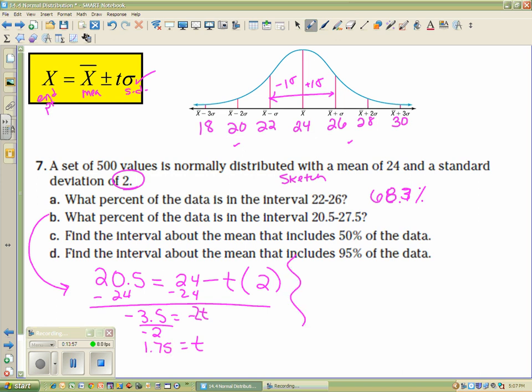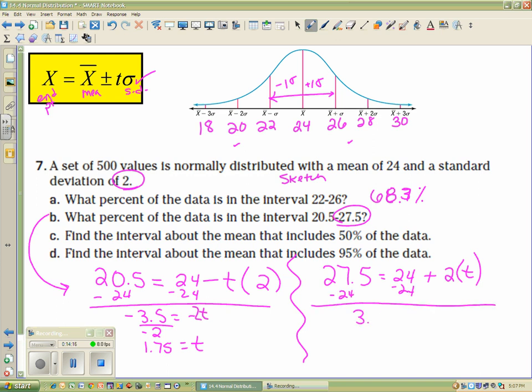Let's double check, but I think we're going to see the same t-value above. 27.5, our upper limit, is equal to 24, the mean, added with, because this time I'm going to add to get bigger, the standard deviation of 2 times a t-value. Once again, subtract 24. Yep, we're going to see same values coming out of this. Here's 3.5 equals 2t, divide by 2. T will turn out to be 1.75. So I have a t-value of 1.75.